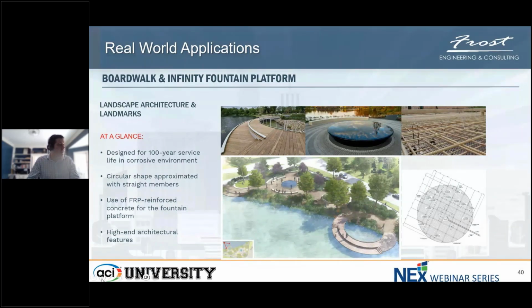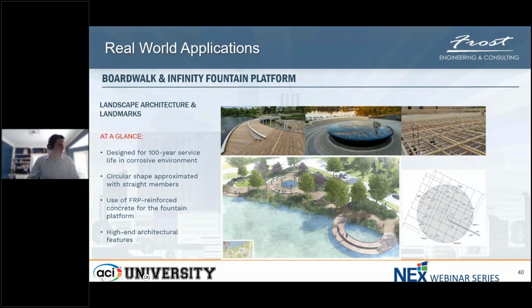The other structure of interest is that infinity fountain. That infinity fountain can only suffer an 1/8 inch differential settlement over its service life before the water doesn't flow out on all sides like it's supposed to. So that infinity fountain and the walking pavers around it, on which Notre Dame spent a very pretty penny, are sitting on a 70-foot diameter, 18-inch thick mat foundation, which itself is sitting on 39 drilled piers that go down to 65 feet.